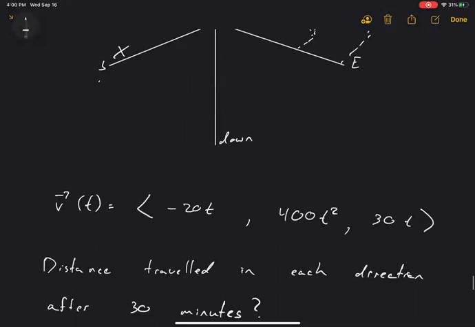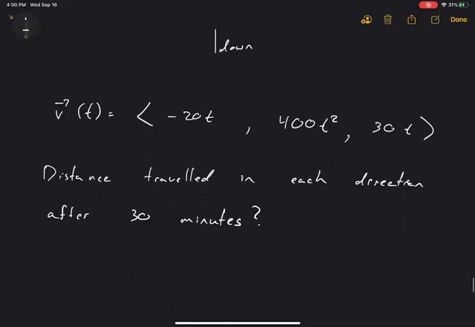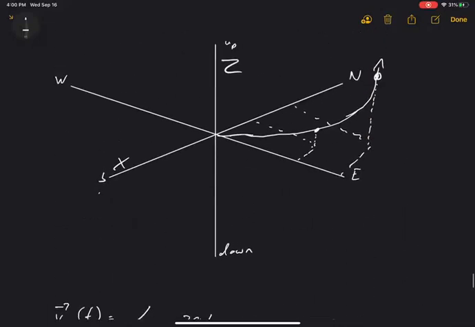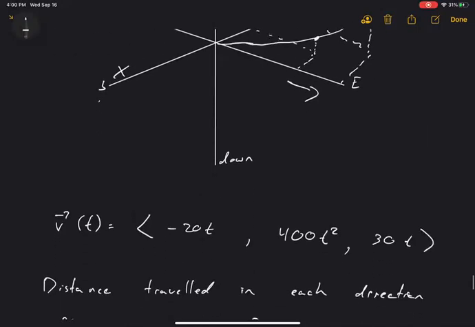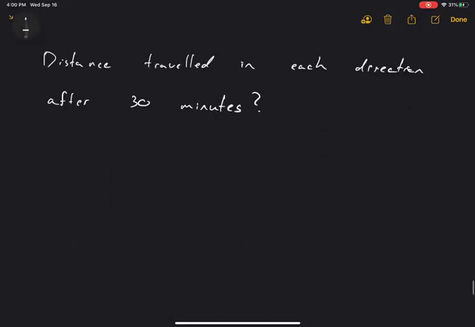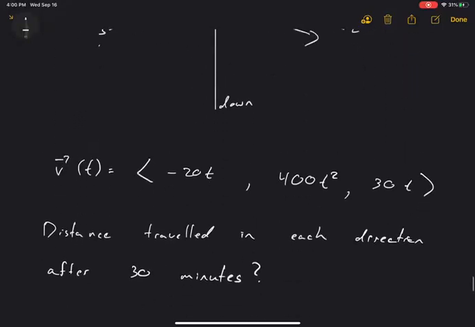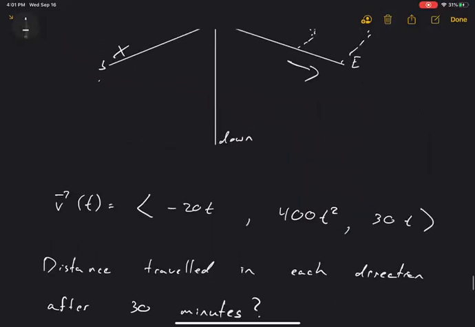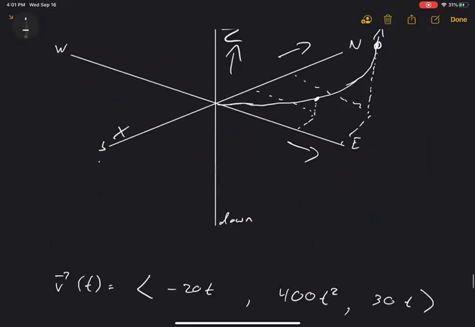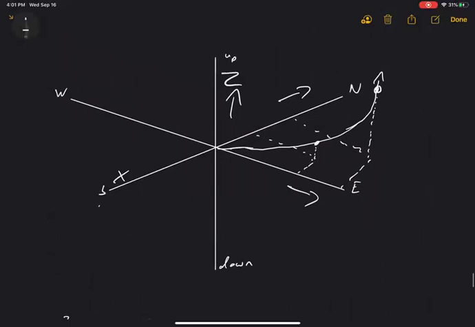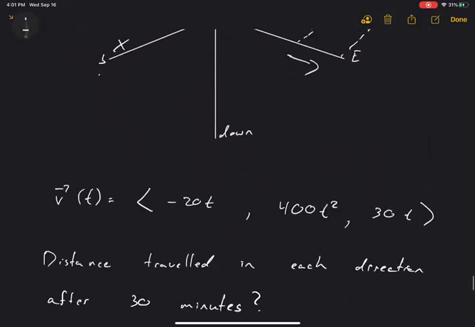What if I want to know the distance it's traveled in each of these directions after t units of time? Let's say t is minutes. So let's say I want to figure out how far east it's traveled, how far north it's traveled, and how far up it's traveled after 30 minutes.